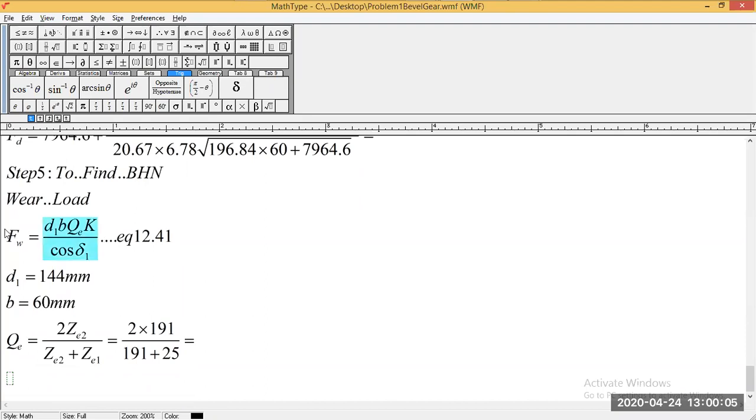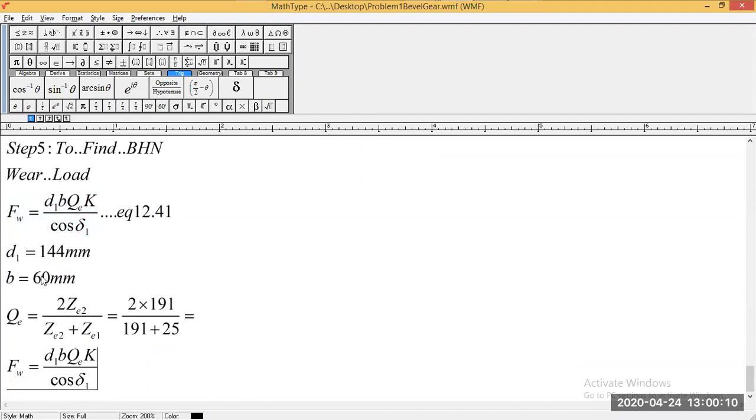So everything is found. So let's find FW. D1 is 144 into B 60 into QE. Anybody found it? Post it in the group chat. 2 into 191 over 191 plus 25 is 1.77.